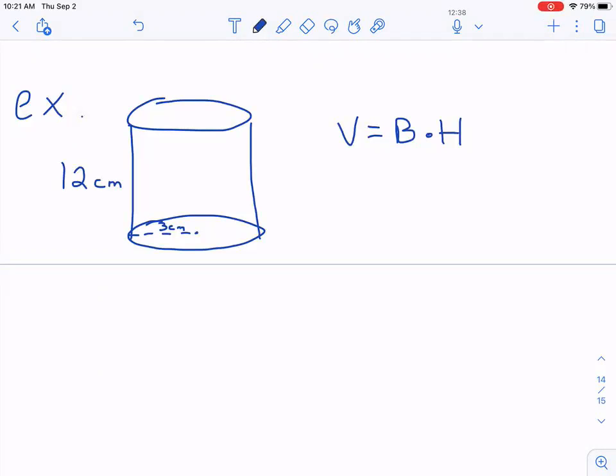The base is a circle, so I'm going to write that a little more specific. The area of a circle is pi r squared, times h. So that would be given to you.